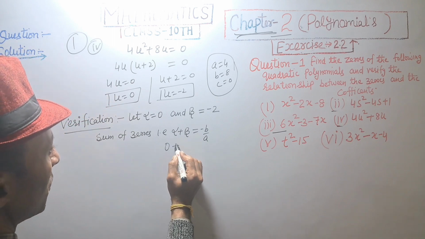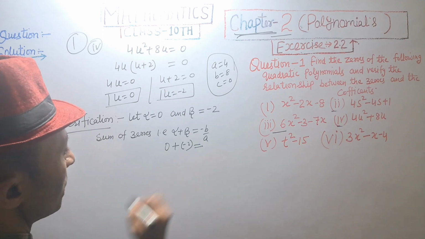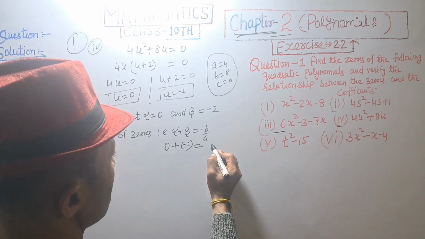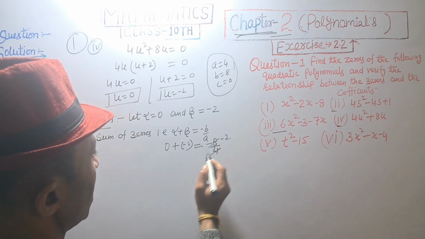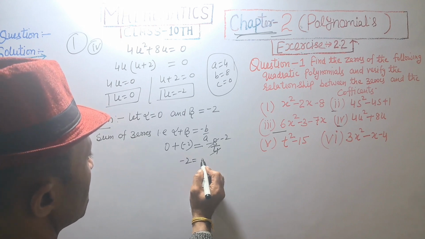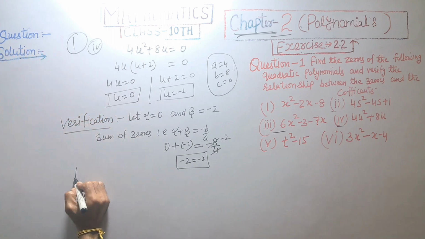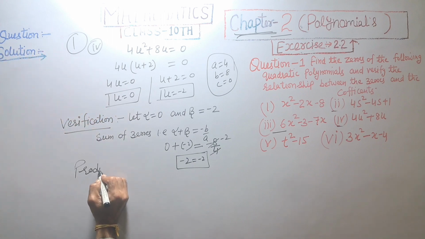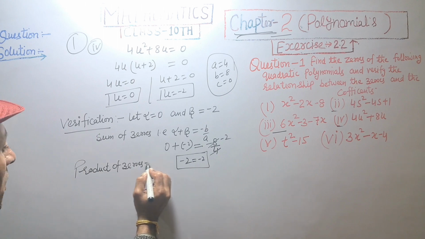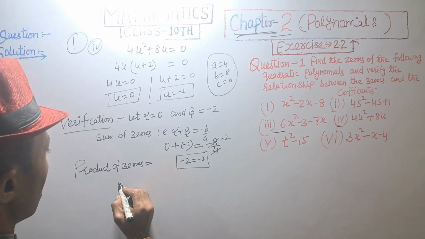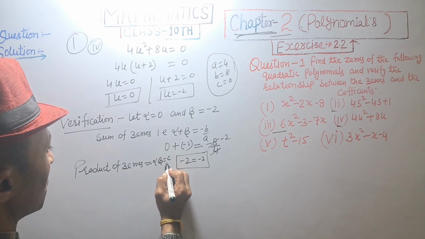Alpha is 0 and beta is equal to -2. Minus b, that is -8 divided by a is 4. This is cancelled, -2. But -2 is equal to -2. Left hand side is equal to right hand side, and product of zeros is equal to alpha into beta equal to c upon a.